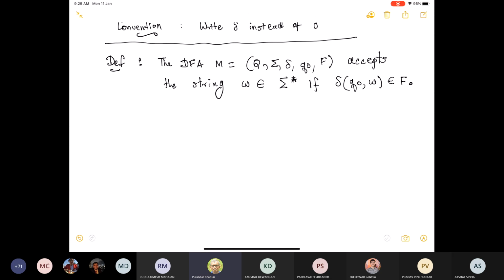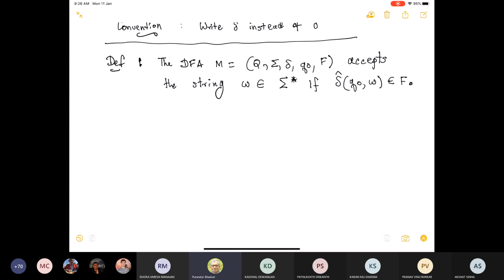Is it the transition function or its extension? Extension. Yes, it's the extension. We could have written delta hat, but by convention, we just write delta.